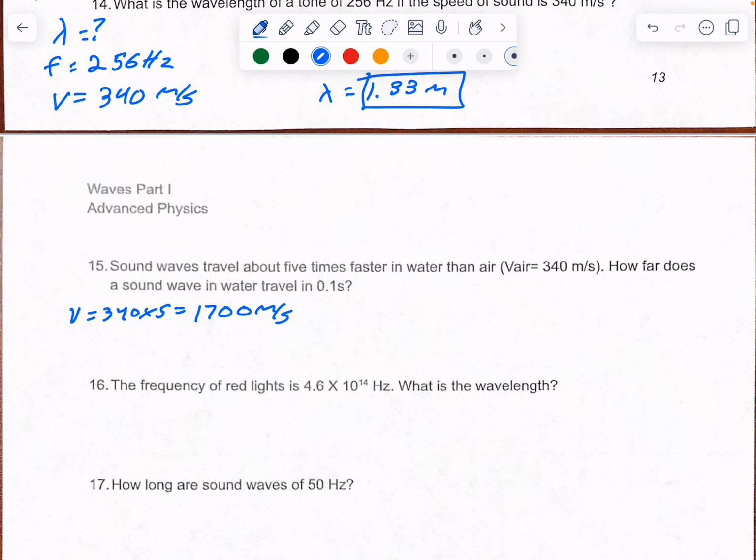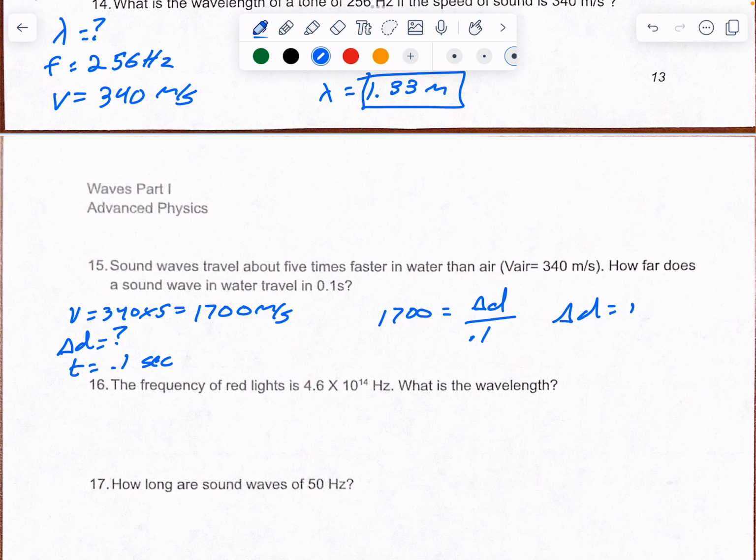And we want to know how far does it go, so displacement we don't know. And then we have 0.1 seconds, that's your time. So V equals D over T, so 1,700 equals D, which we don't know, over 0.1, so multiply both sides by 0.1. And you get a displacement of 170 meters.